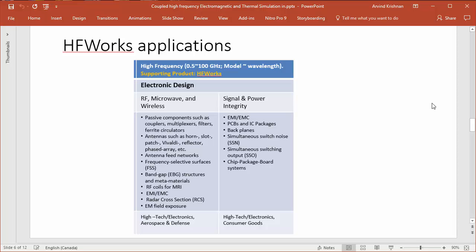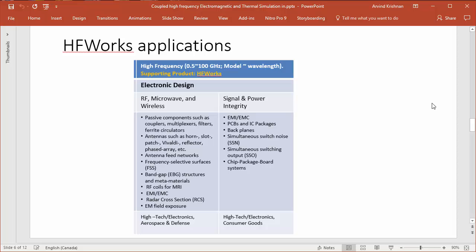Next, we look at some of the applications of HFWorks. HFWorks is mainly used in electronic component design, basically in designing passive components used in both RF and microwave fields. Some of the applications are illustrated in this particular slide, and they include couplers, filters, multiplexers, etc. You can do all kinds of antennas, antenna feed networks, EMI, EMC type of problems, PCB, printed circuit antennas, printed antennas, and so on.